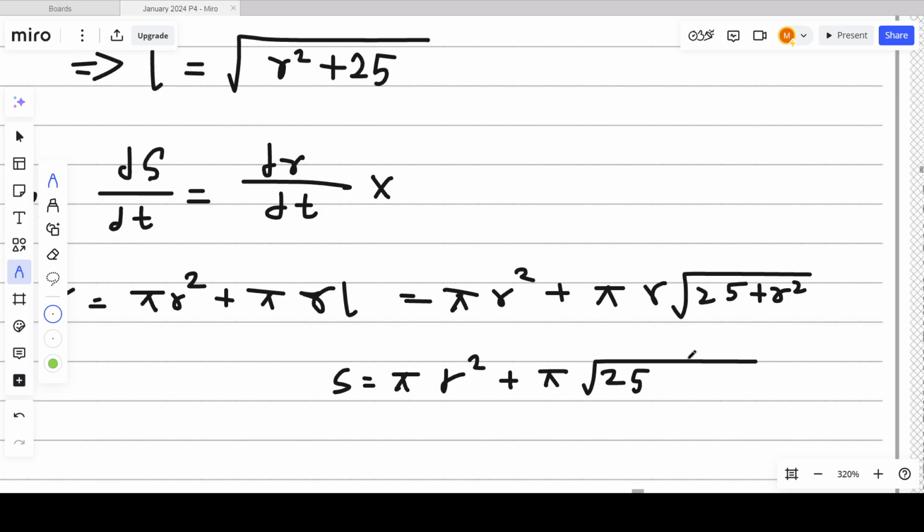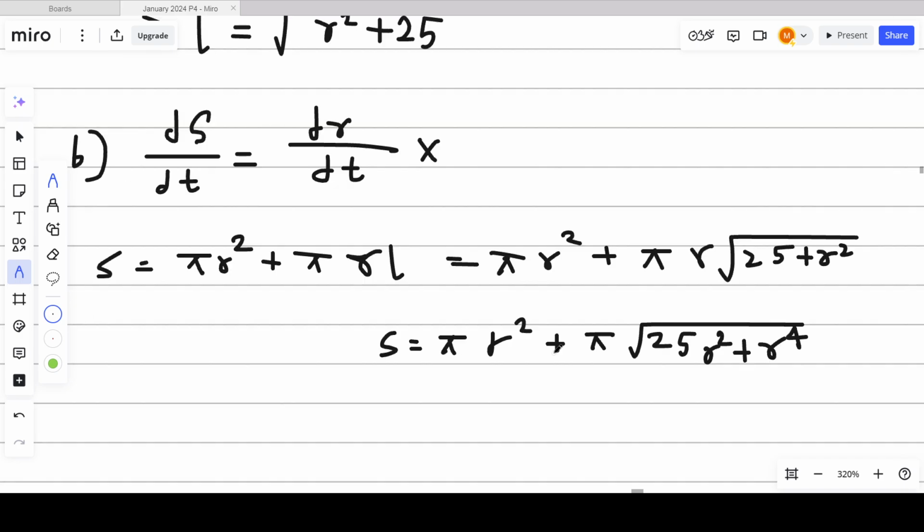If two square roots are in multiplication, we can multiply them as a whole. So 25 r squared plus r to the power 4. So we got an equation for the surface area in terms of r only.